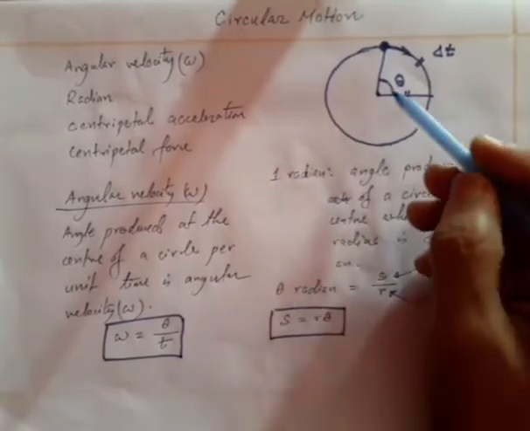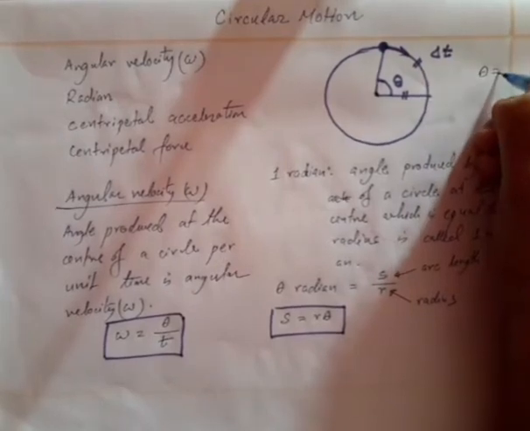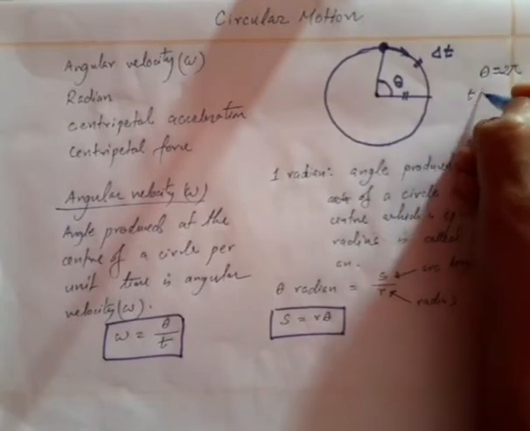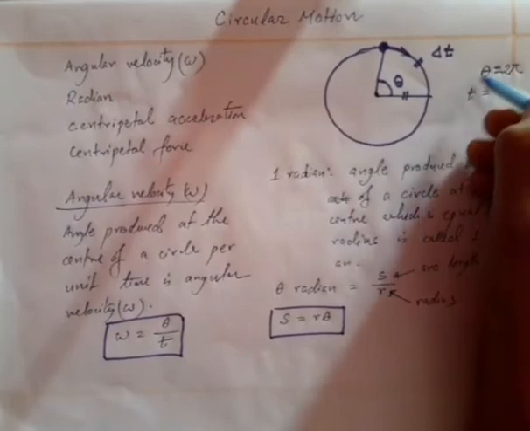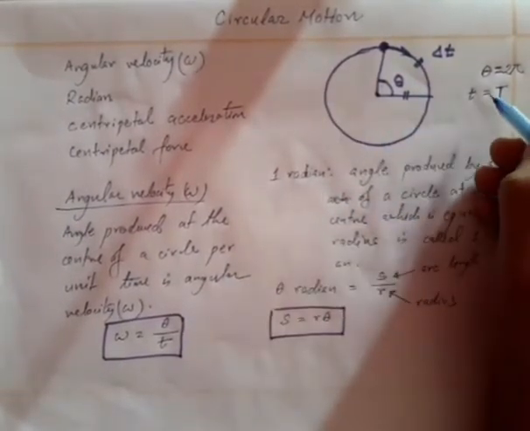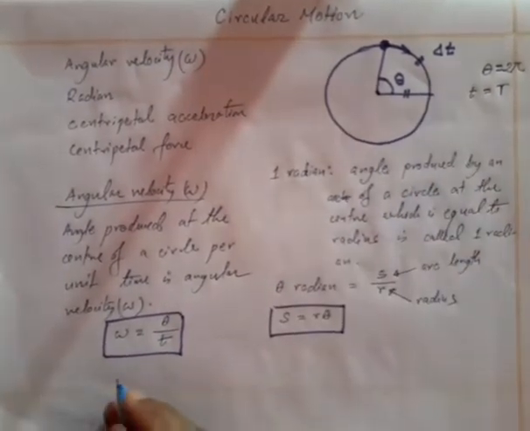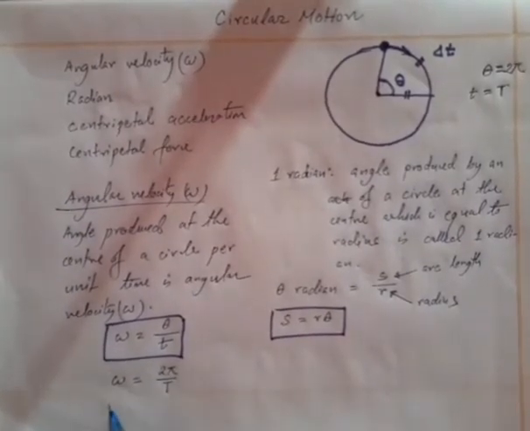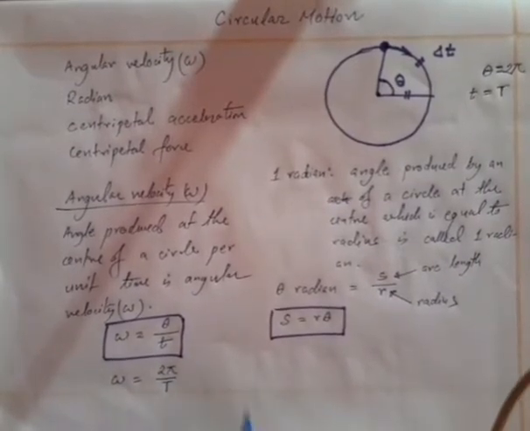Now we will write another form of this angular velocity. For one complete rotation, the total angle produced at the center is 2 pi. Here we are writing theta equals 2 pi and t equals capital letter T. As you know, one complete rotation means one period. The time taken for one complete revolution is called period. So we are rewriting the formula omega equals 2 pi by T. For one complete rotation, theta will be 2 pi and T is period.